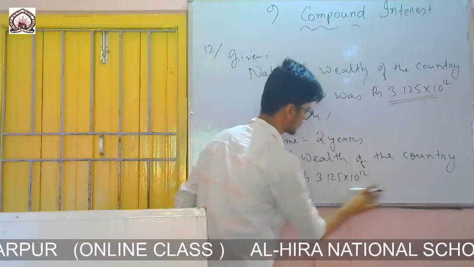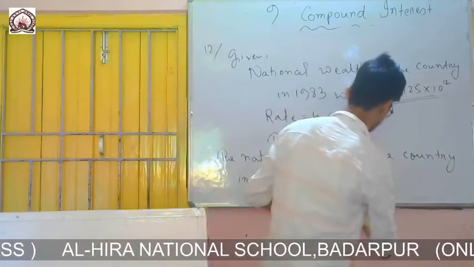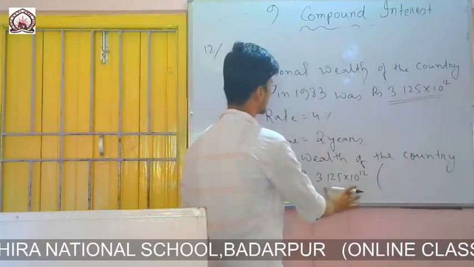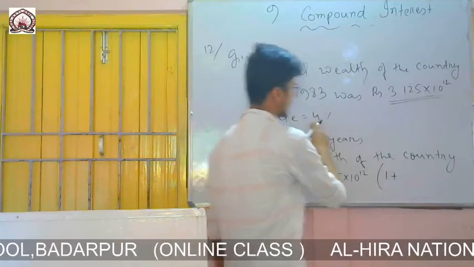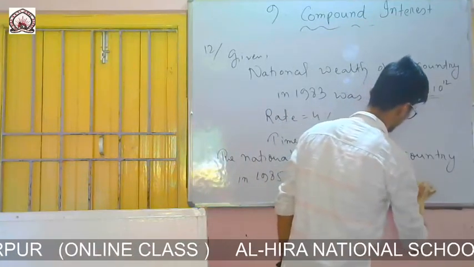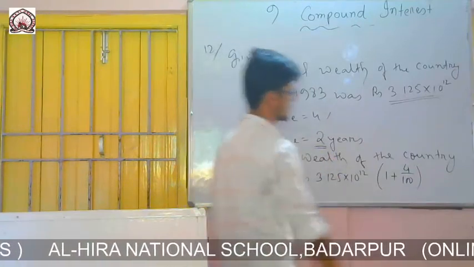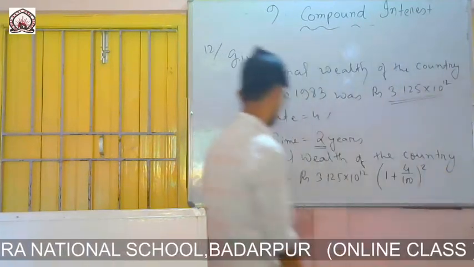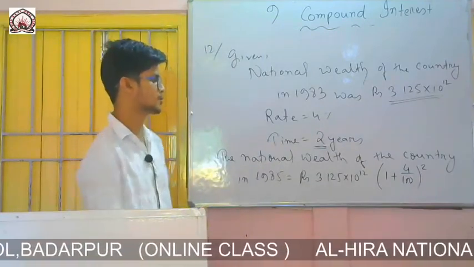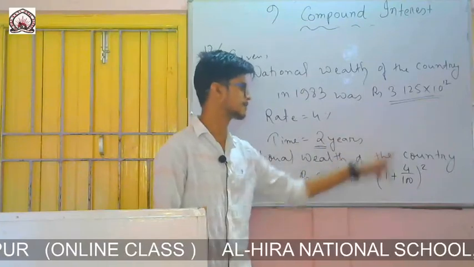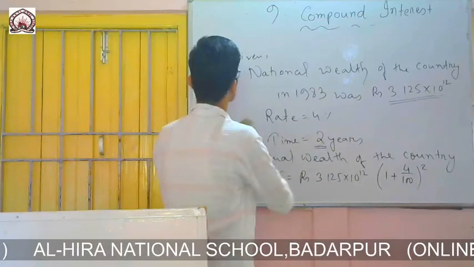It is very easy to calculate. Keep it like this and then we will write the rest. We know the formula: this is the principal, and 1 plus R by 100, R here is 4, the rate is 4, 4 by 100 to the power n, n the number of years is 2. So, rupees 3.125 into 10 to the power 12 into (1 plus R by 100) to the power n. Okay, now we'll solve this one.